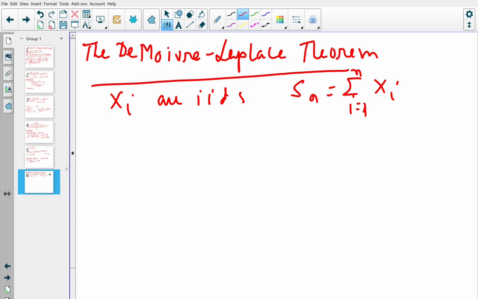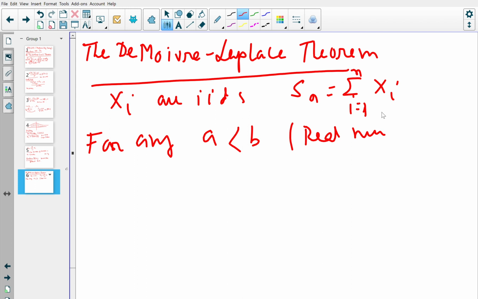Okay, and then for any real numbers, say a less than b, this quantity Sn minus, now Sn is kind of a binomial distribution which counts number of successes in n trials, and the mean value will be np.